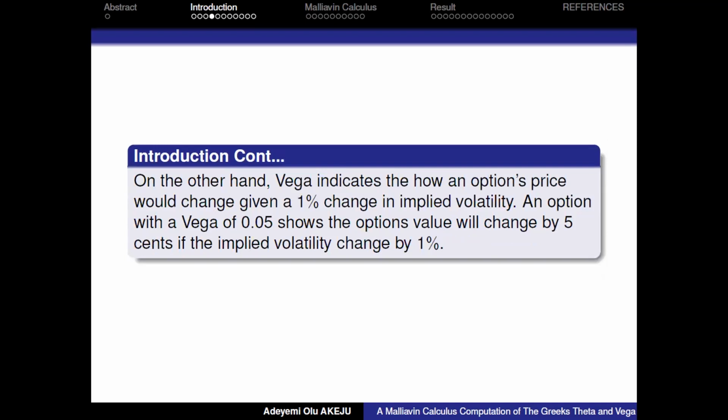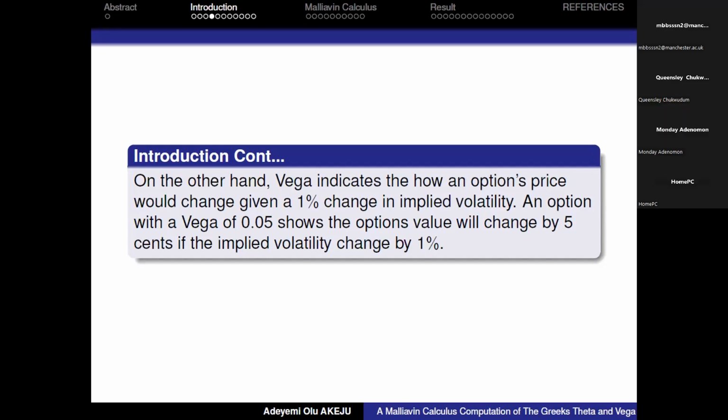Now on the other hand, for vega, which is the measure of the value of the option with respect to the volatility, the vega indicates how the option price will change given a 1% change in implied volatility. An option with a vega of 0.05, for example, shows that the option value will change by 5% if the implied volatility changes by 1%.